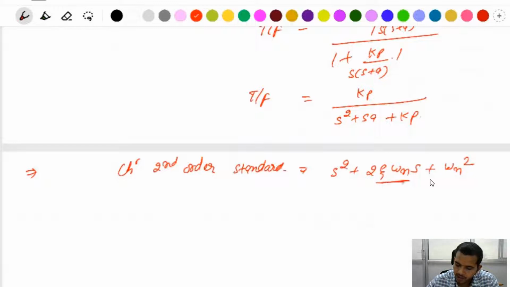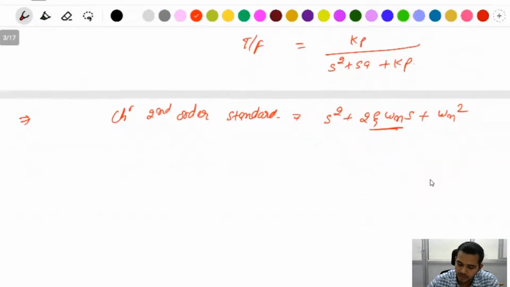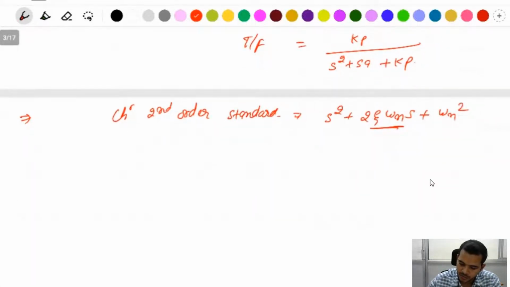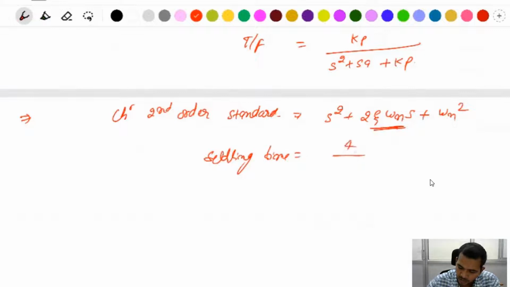Here 2 zeta omega n S is the system. Settling time, you know about settling time, 4 by zeta omega n.